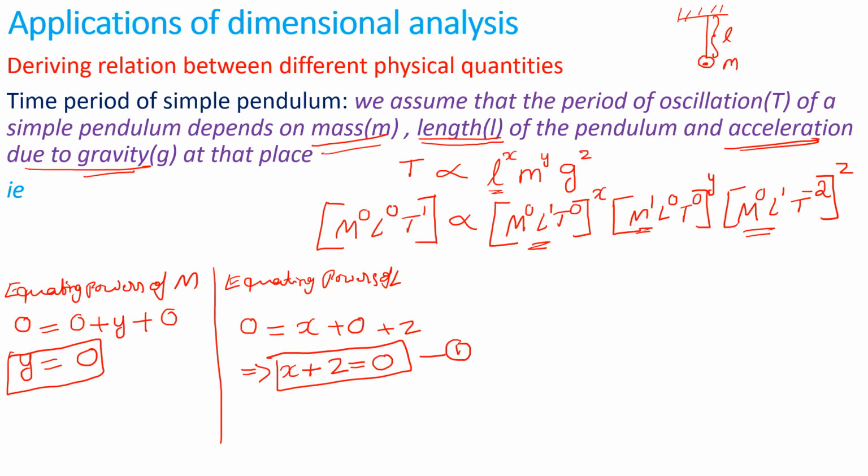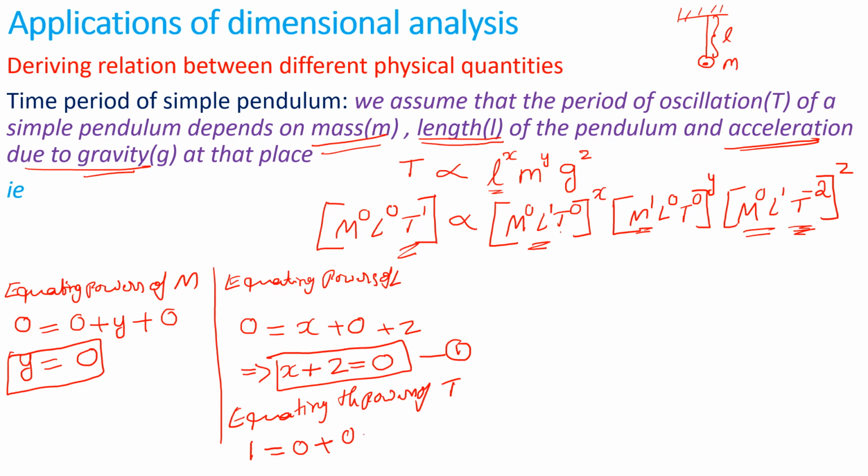Okay, next now we shall equate the powers of which one? Powers of T, powers of time. At that time what we end up getting? Here L to the power 1, so 1 is equal to, here T to the power 0 into x, it is 0 only, plus T to the power 0 into y, it is 0 only, but here at the end, it is T to the power minus 2, whole to the power z.